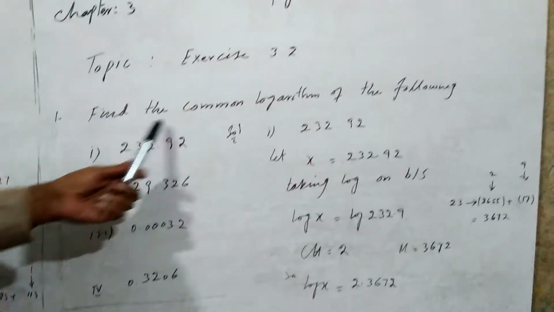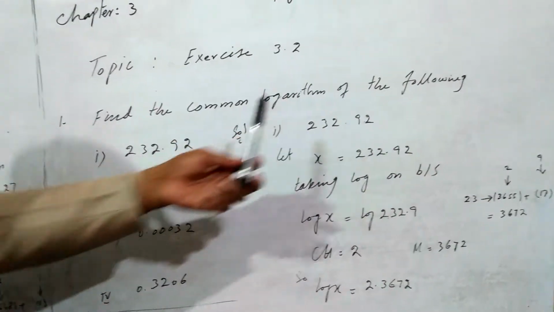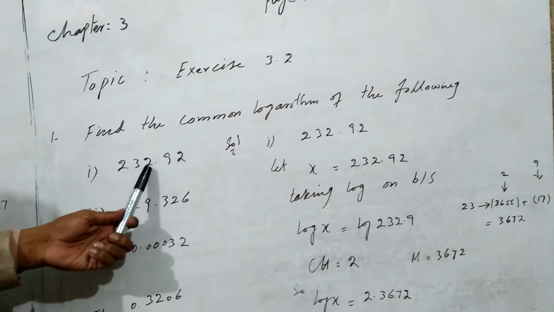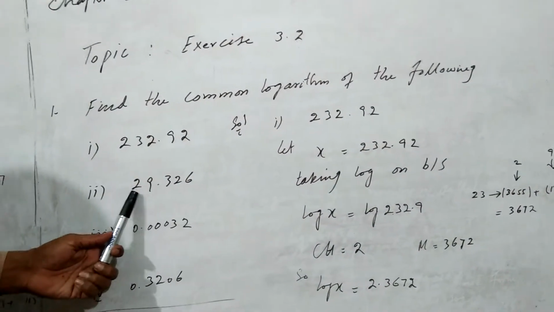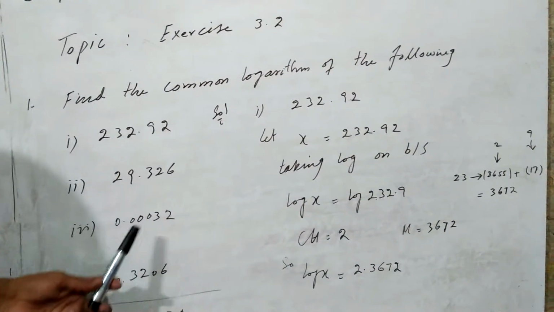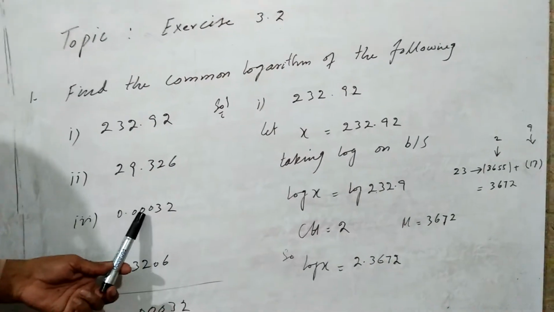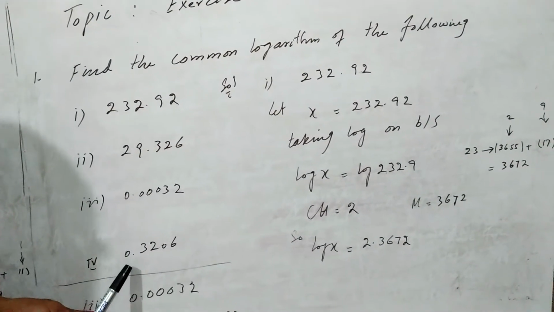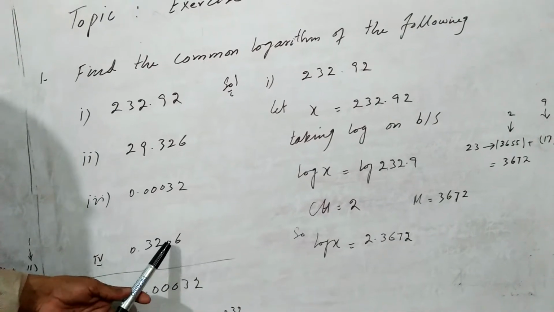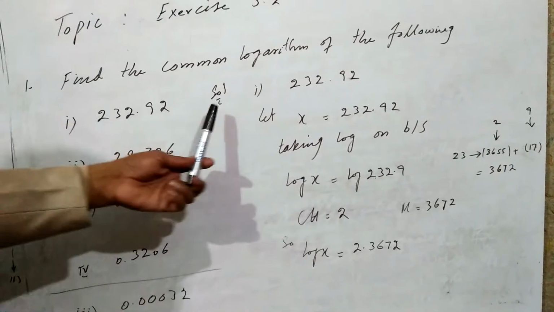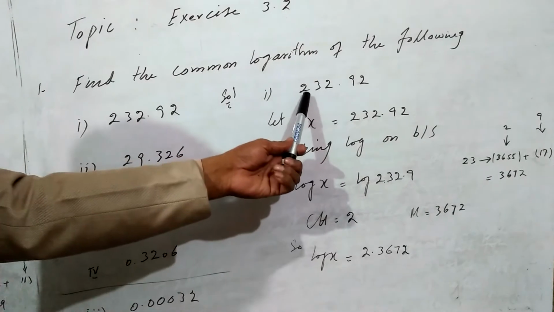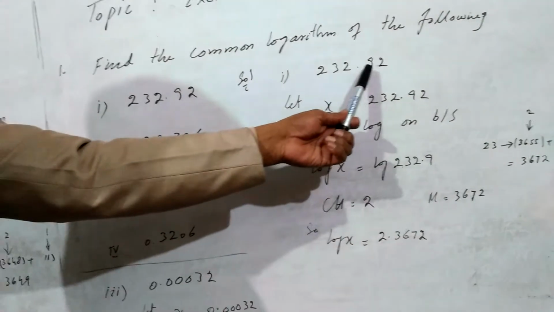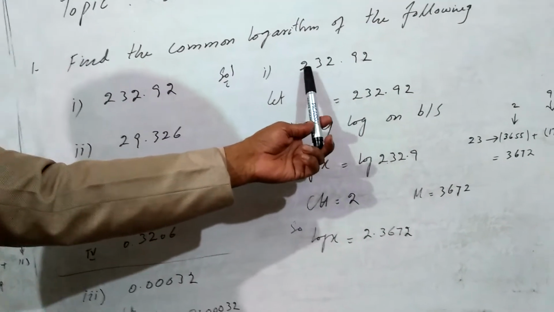First question is: find the common logarithm of the following: 232.92, 29.326, 0.00032 and 0.3206. So in solution, first part is 232.92, as we have to find its logarithm.